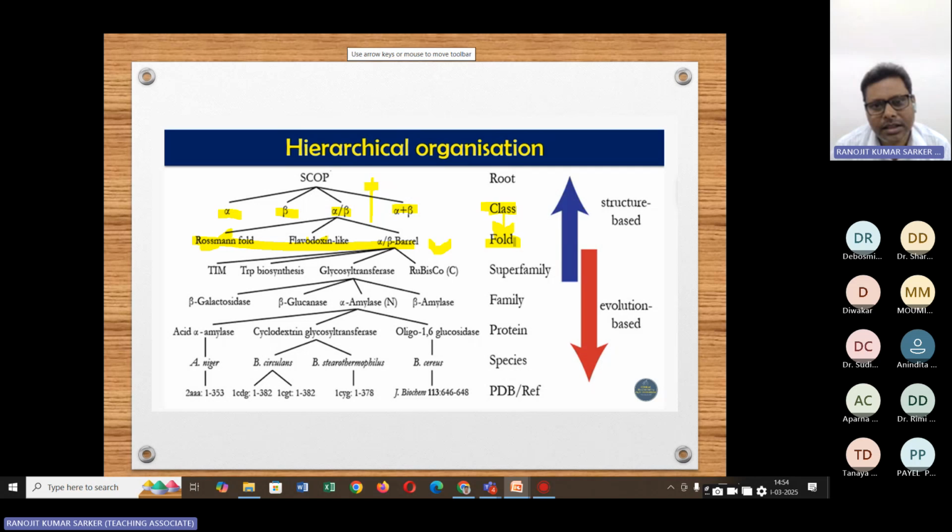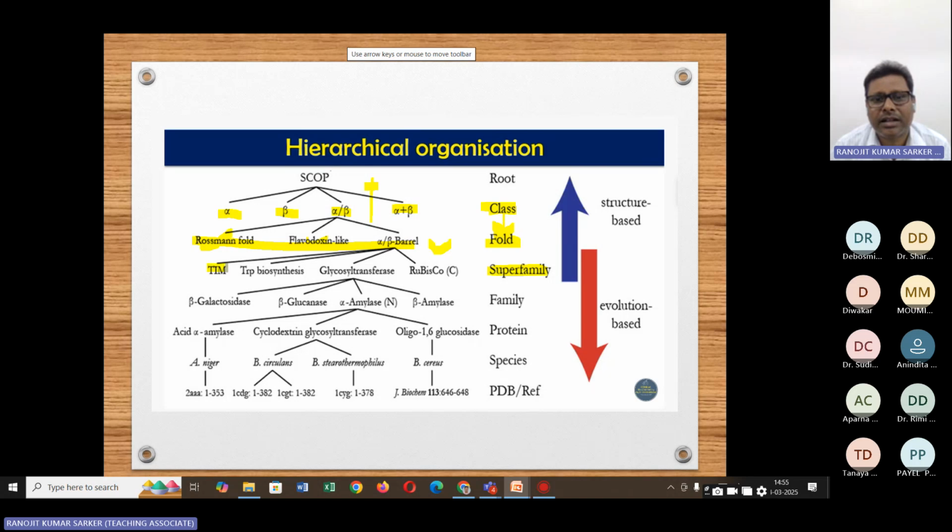Now, under the folds, there will be several superfamilies. An example is the alpha by beta barrel. This is one type of fold. Sorry, we should not use the word class here, it is fold type. So, the alpha by beta barrel fold.